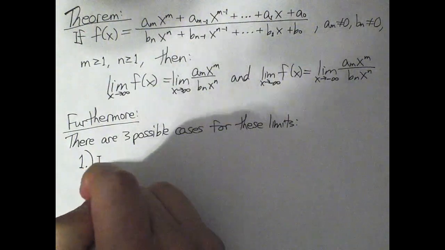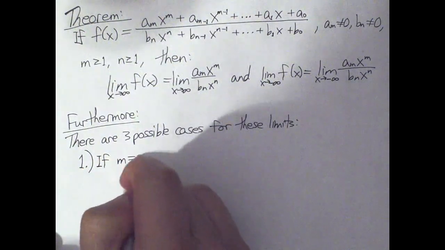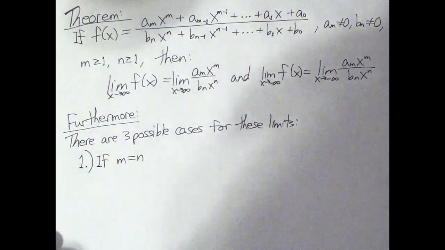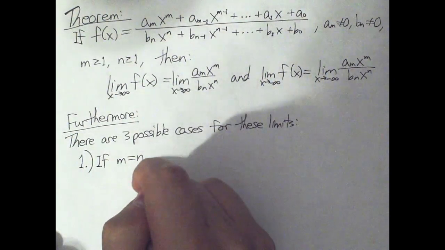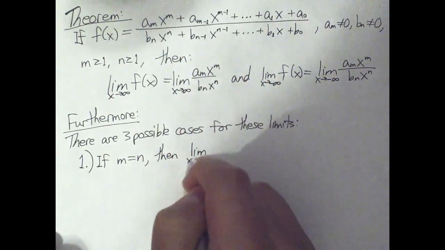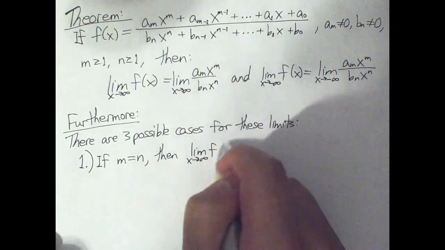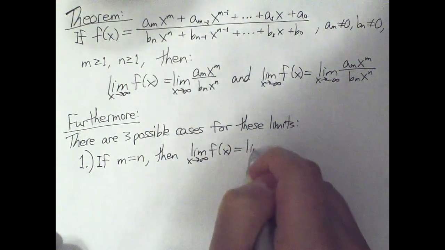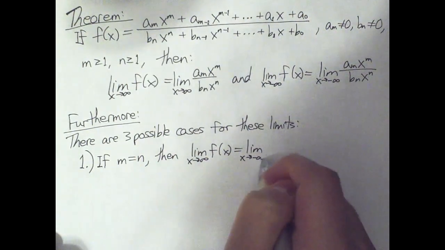We're going to say case 1, if m equals n. If the degree up top and the degree on the bottom are the same, then the limit as x goes to infinity of f of x is equal to the limit as x goes to negative infinity of f of x.